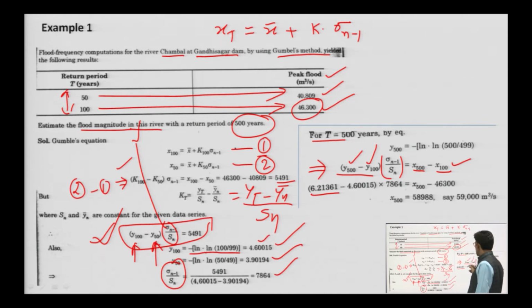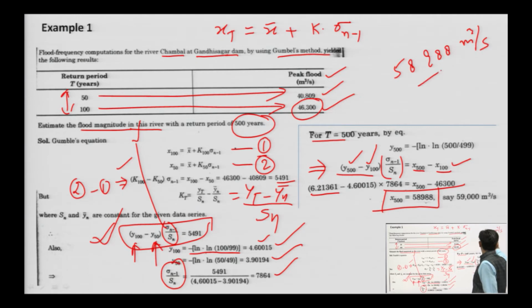By putting the values, we can calculate the value of x500, and this value comes to be 58988 cumecs, meter cube per second. So, this is the peak discharge with a return period of 500 years.